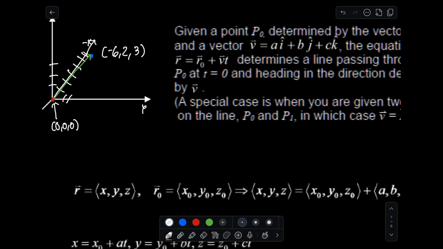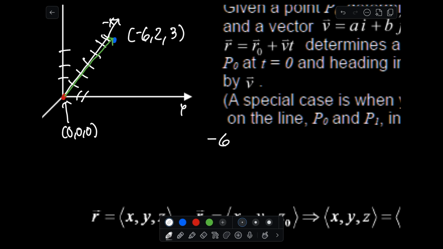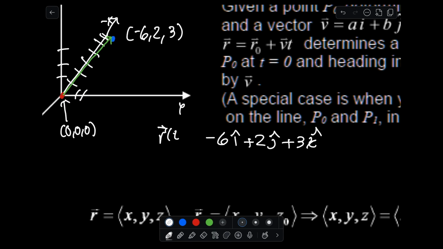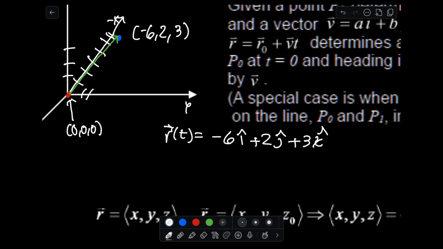We can do the special case real quick actually, where we go -6 in the i hat direction, our x, we go +2 in the j hat direction, and we go +3 in the k hat direction on this interval for r prime of t, right? And another thing that you're going to have to add is that this is not the entire function.